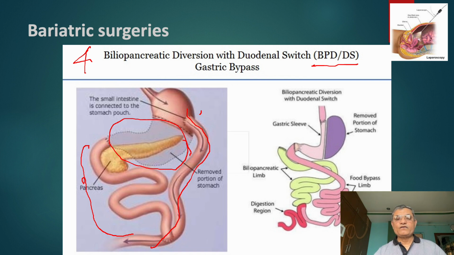These surgeries are performed when the BMI, that is body mass index, is more than 40. What is body mass index? It is a ratio between height and weight. If body mass index is more than 40, or in some cases even if it is only 35 and they have other conditions like type 2 diabetes mellitus or high blood pressure, then also this surgery is advised.